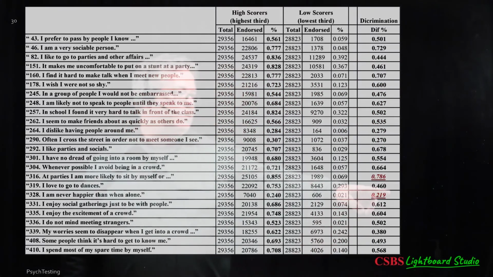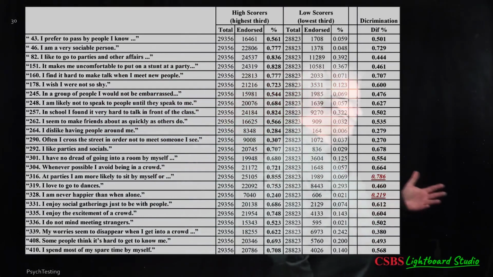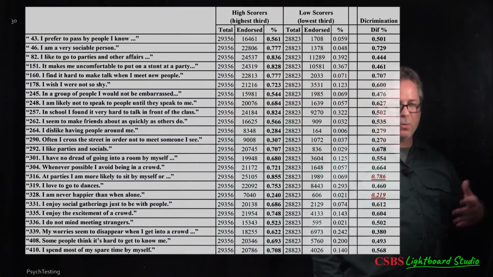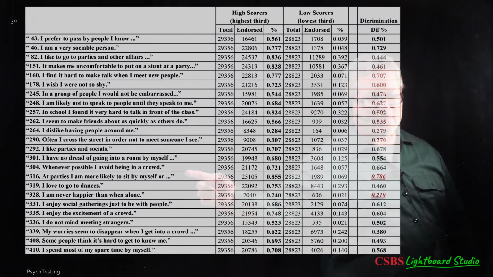So here's the item that is the most discriminating between the highest and lowest on this social anxiety scale. Here, "at parties, I'm more likely to sit by myself or avoid other people," or something like that.